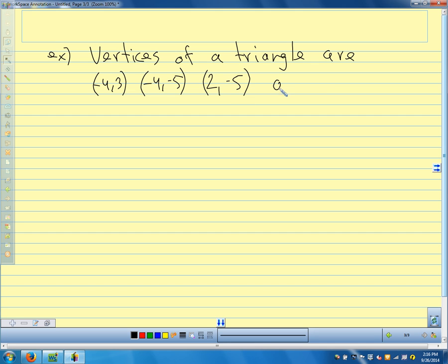And we want the area and perimeter. What are we going to do? Plot it. Let's plot it first. That's a good idea. I like that idea.